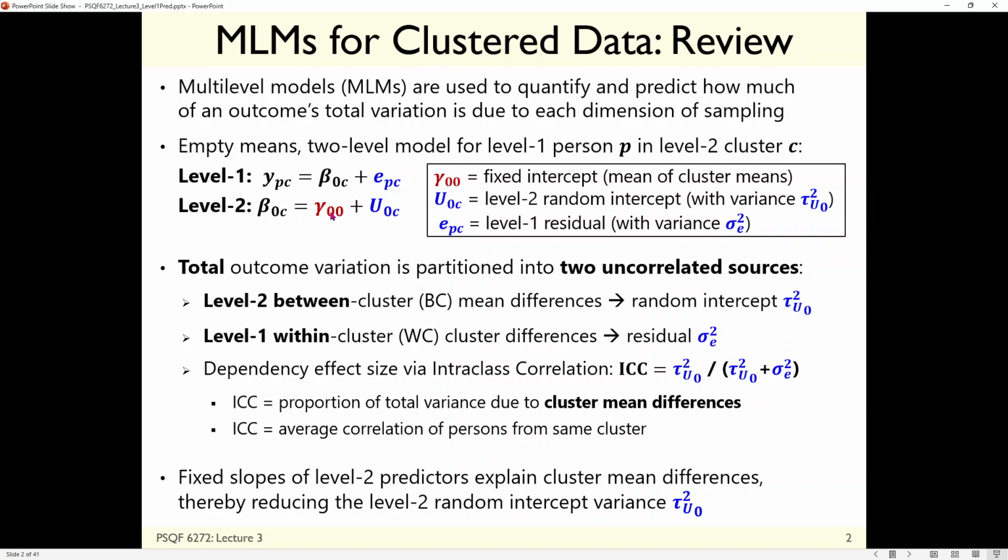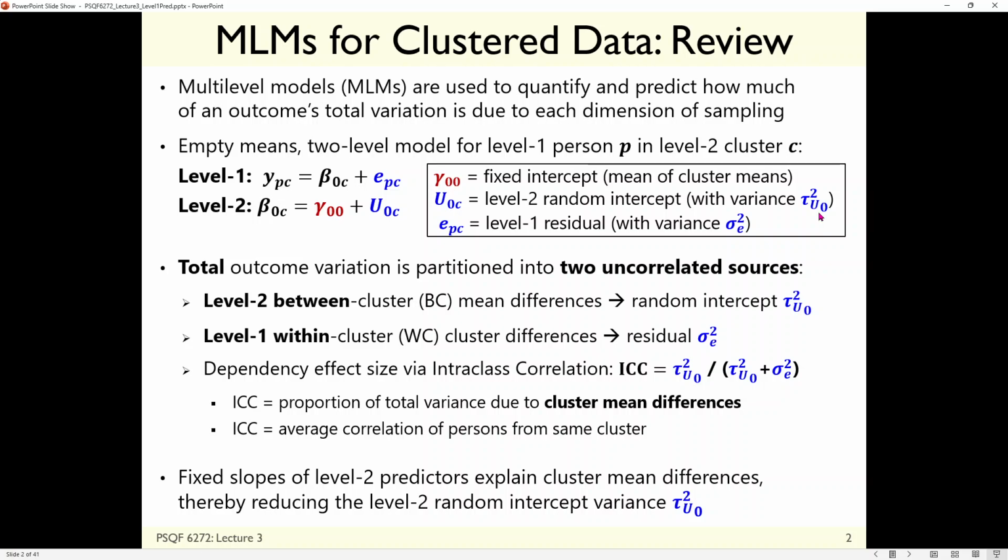So we have gamma 0,0 as the fixed intercept, which becomes the mean of the cluster means. And then u0c, that is a value. So that is cluster c's deviation. So how far off is your cluster from the rest of the cluster means? That's what u0 is conveying conceptually. The estimated parameter for it is the variance across clusters, tau squared.